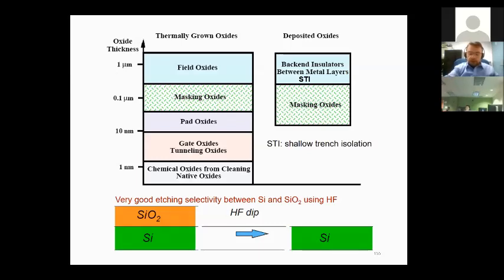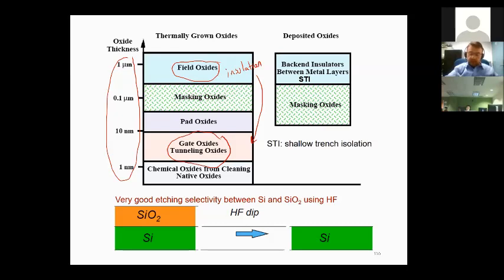Okay, so based on the type, different oxides can be listed with respect to their thicknesses too. For the field oxides, they were mainly for insulation, right? So their thickness is somewhere at the I-don't-care level. They are very thick. As we go to the more precious items like the gate oxide, one of the main building portions of the transistor, their thicknesses are of course much thinner, and the quality has to be super good.